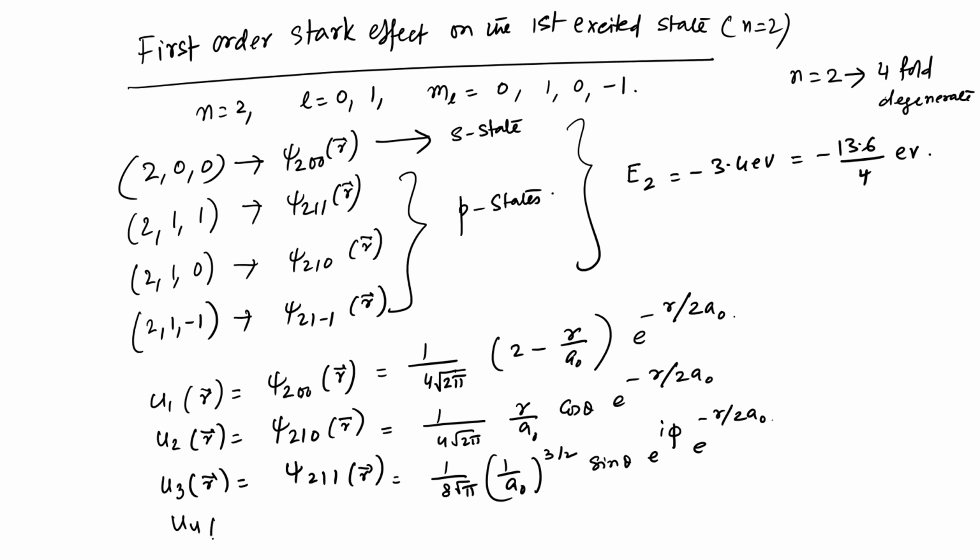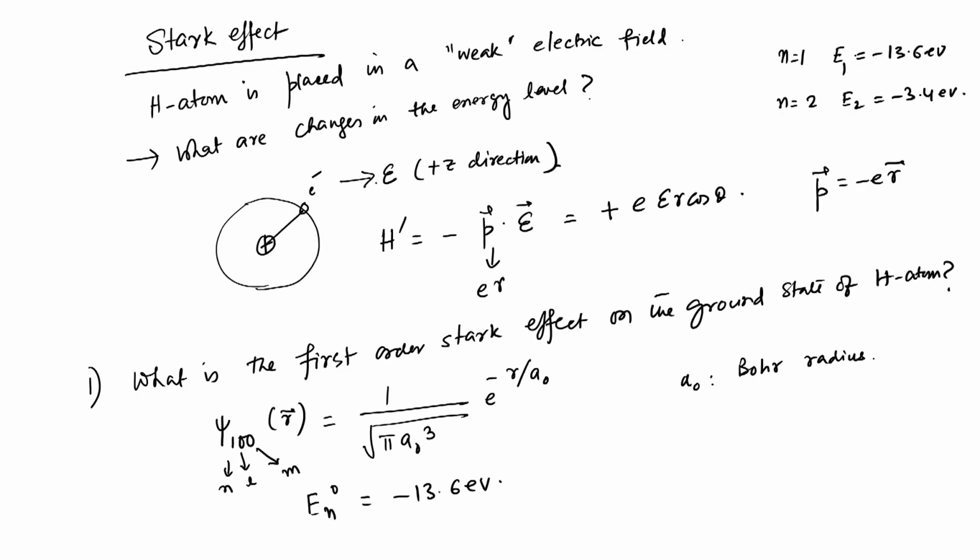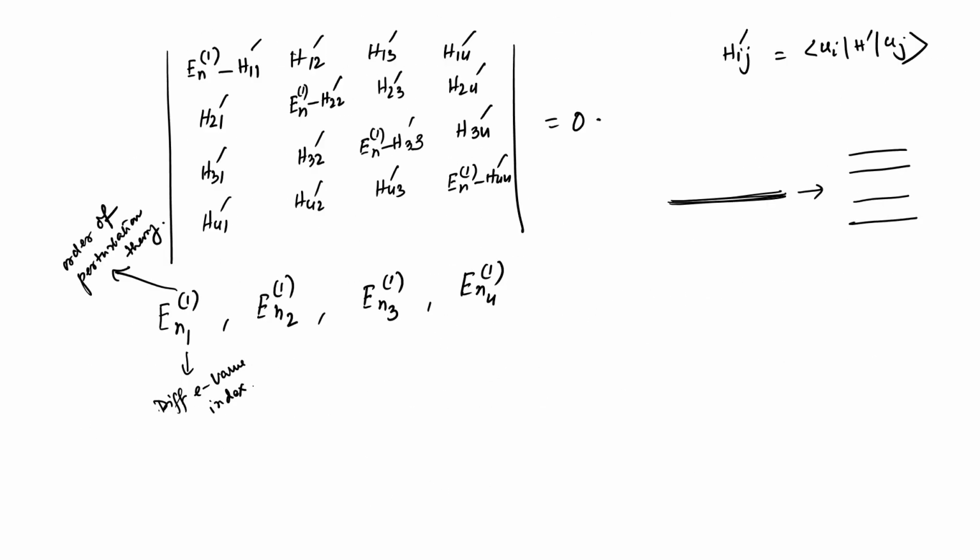And finally, we have U4, which is the last one, which is 2 1 minus 1, and so there is a 1 by 8 root pi, 1 over a0 to the 3 by 2, sin theta, and now we have an exponential minus i phi, and that is why they are bunched together. It is r over 2a0.